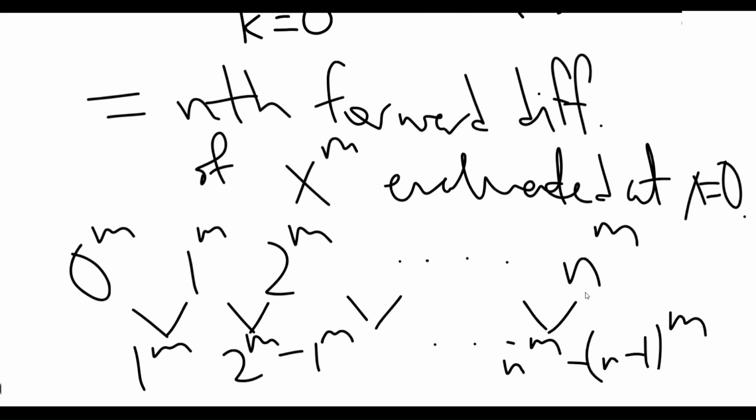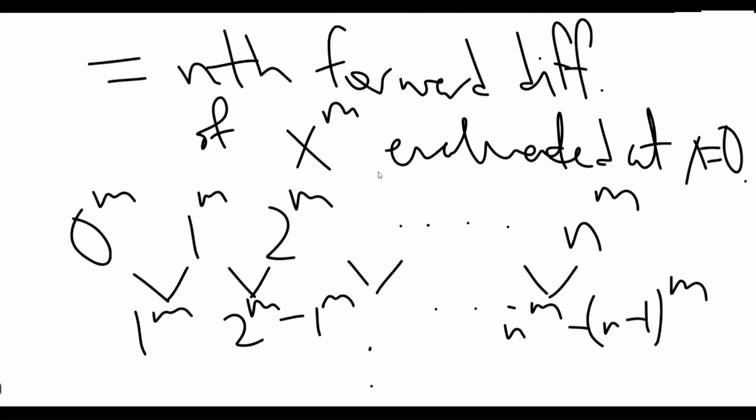And now the nice thing about this is that each time I take a difference of a polynomial of degree m, the degree drops by 1. So in general, if I take the mth forward difference of x to the m, it's a lot like taking a derivative. I'll end up with just m factorial. So after doing this m times, I'll end up with a constant, but n is bigger than m.